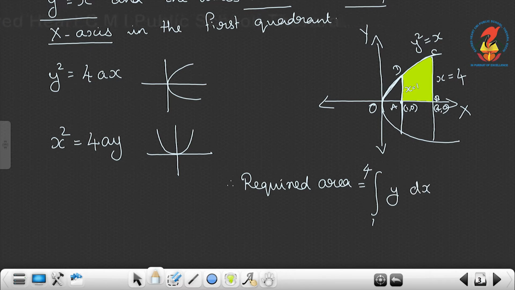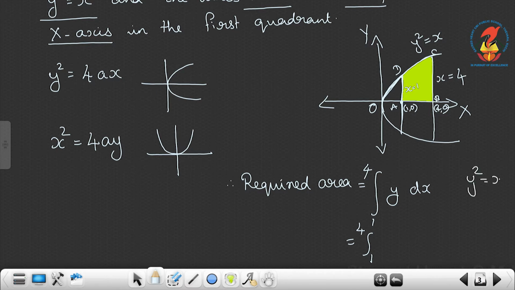Since these upper and lower limits are x coordinates, or the lines x is equal to 1, x is equal to 4, that's why you have to use dx. Then 1 to 4, y dx. What is y? You have to use this curve, y square equal to x.